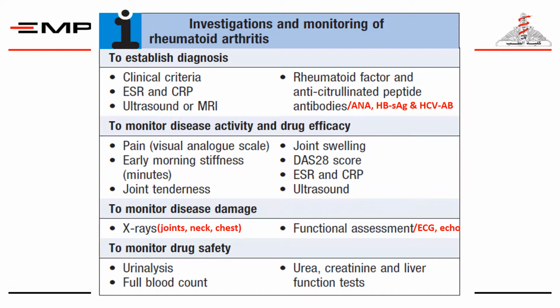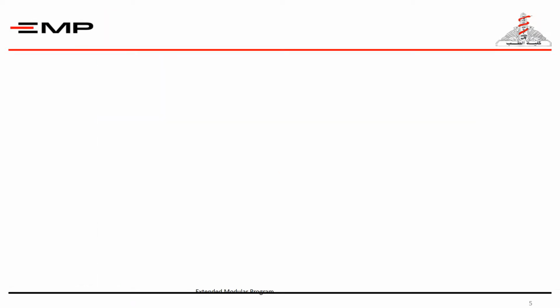CBC can give us a clue for presence of anemia, for presence of leukocytosis, thrombocytosis as markers for activity, or leukopenia and thrombocytopenia in some cases with Felty syndrome.